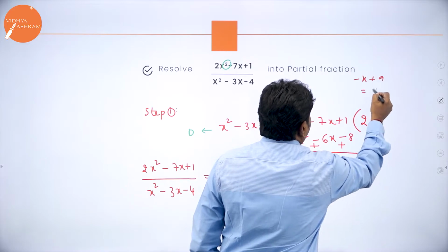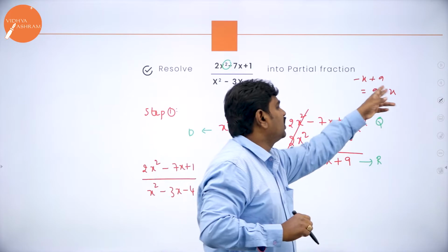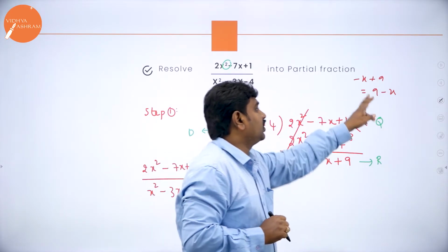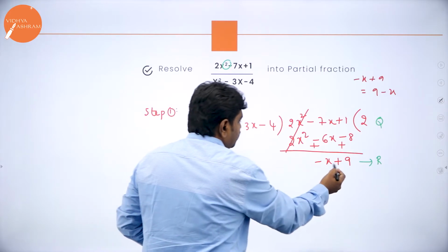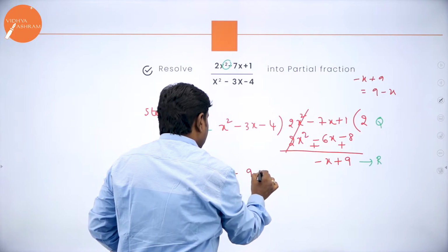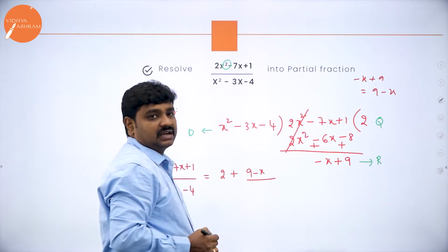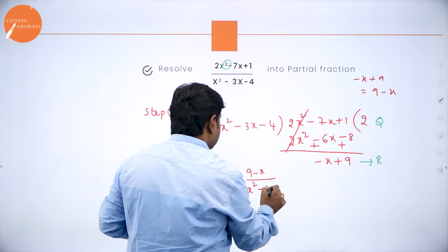Can I write it as 9 minus x? Always we say in life, be positive. First we will write positive term, then negative term. So positive 9 first, then minus x. So the remainder, instead of minus x plus 9, I call it 9 minus x, divided by divisor. What is the divisor? Divisor is x square minus 3x minus 4.